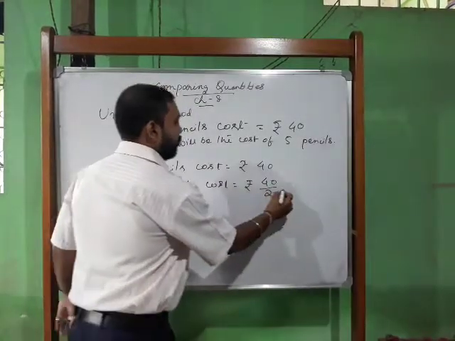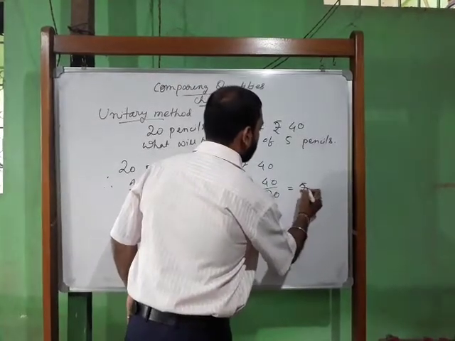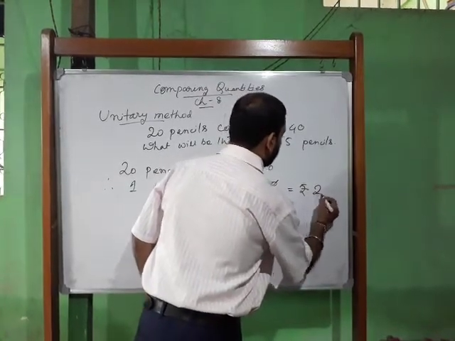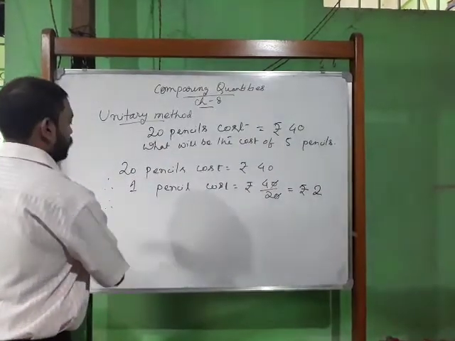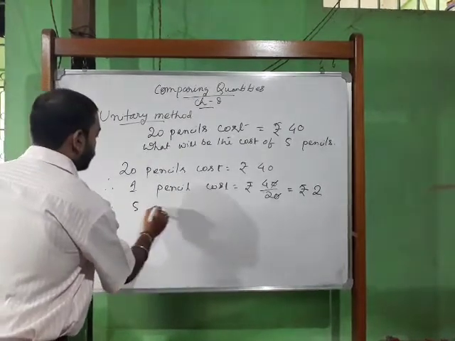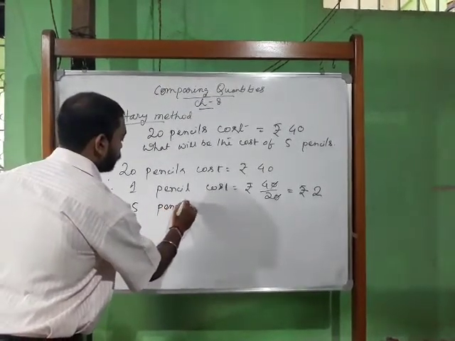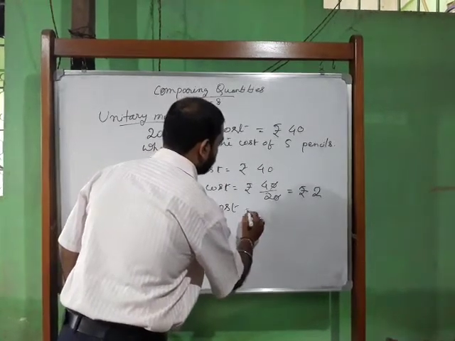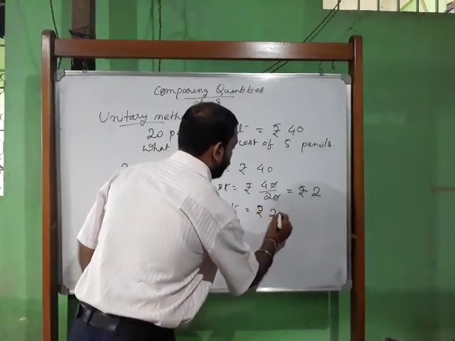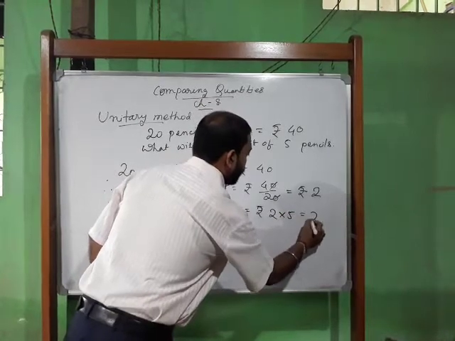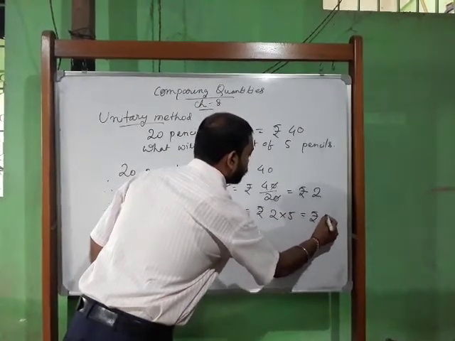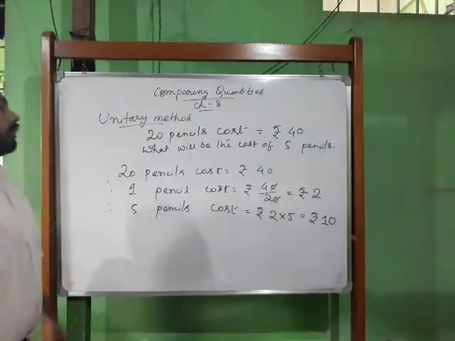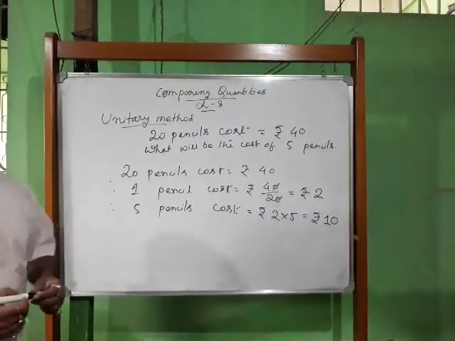So it will be rupees, 0 cancels 0, so it will be 2. Therefore, 5 pencils cost rupees 2 into 5, that is rupees 10. So this is our required answer, and this is all about the unitary method.